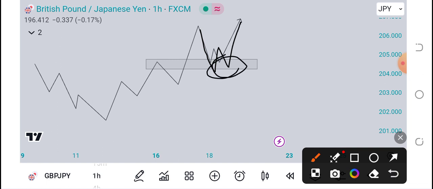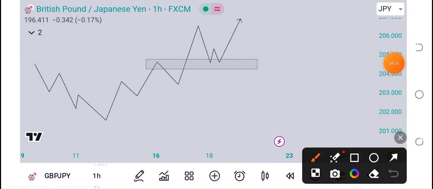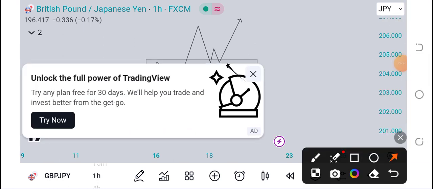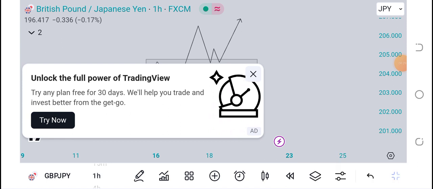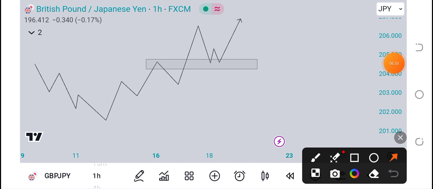Once you see the W pattern form, on the second leg, which is right here, is where I expect you to enter for your buy trade, and the market should go in your direction.